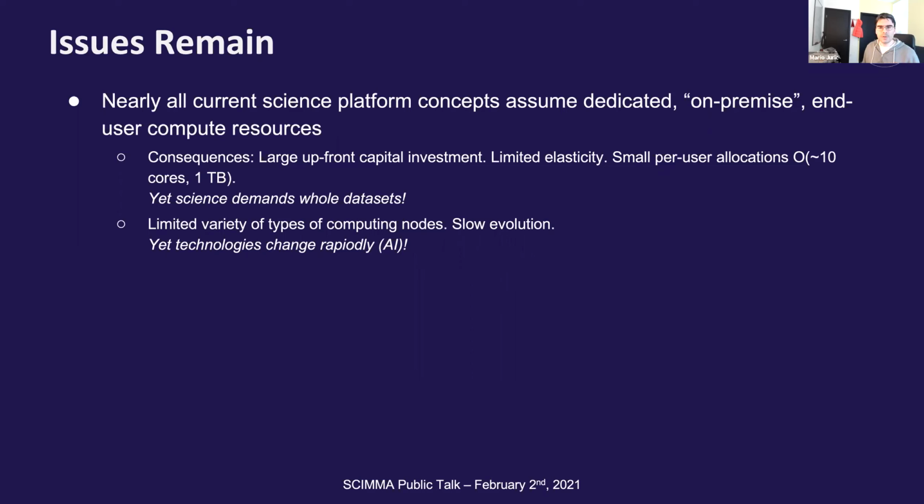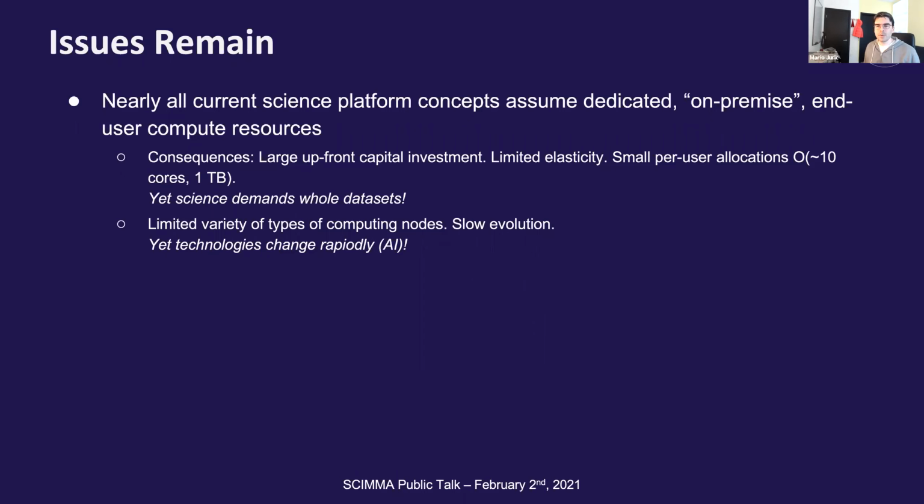You now have to provide the resources that the user would otherwise have at their institution yourself. That means you need a large upfront capital investment to actually buy the nodes on which to run all these Jupyter notebooks and to enable the users' analyses. The alternative is you don't invest a lot into computing, but then you have to reduce the allocations.